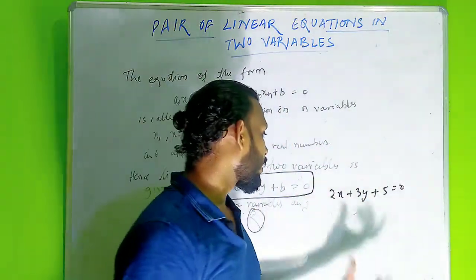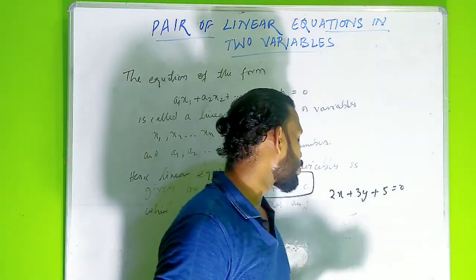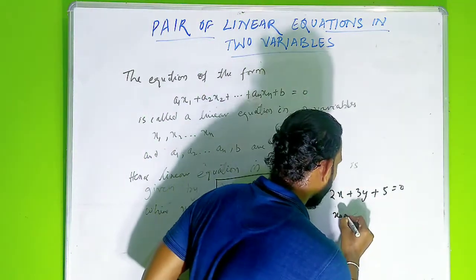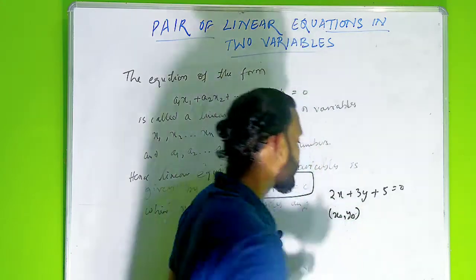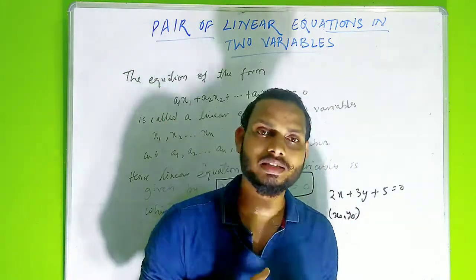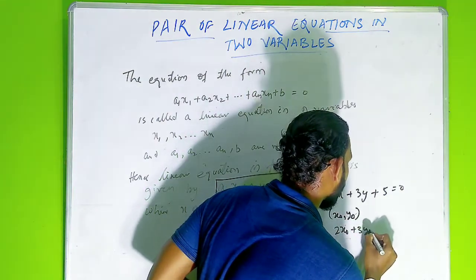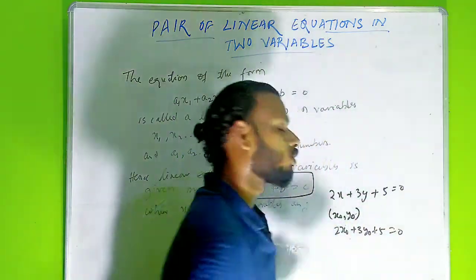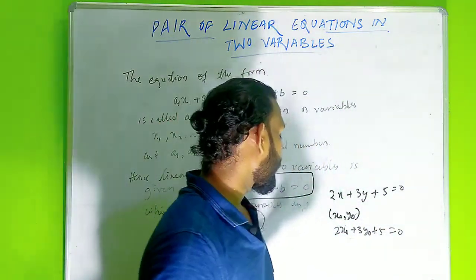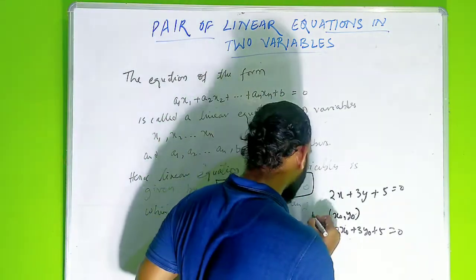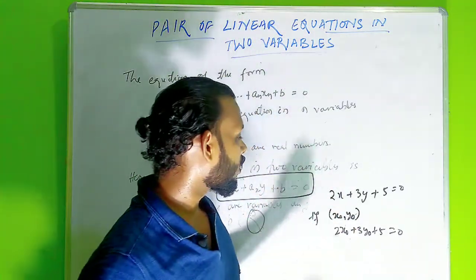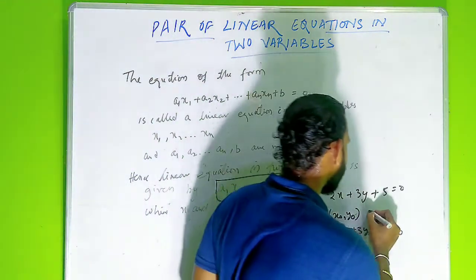So I will be having a solution, say x naught, y naught, such that 2x naught plus 3y naught plus 5 is equal to 0, if x naught comma y naught satisfies the equation.